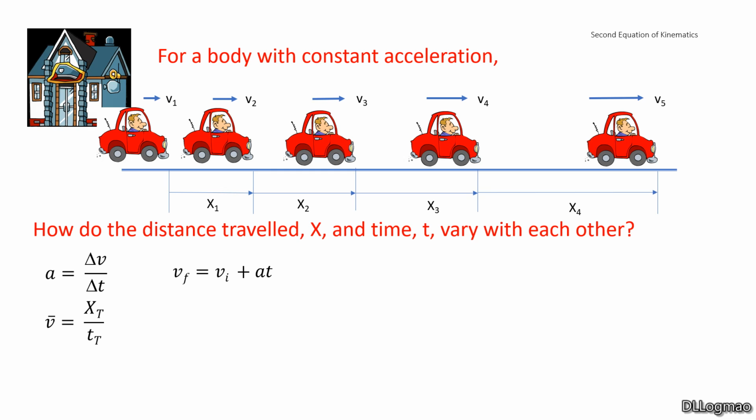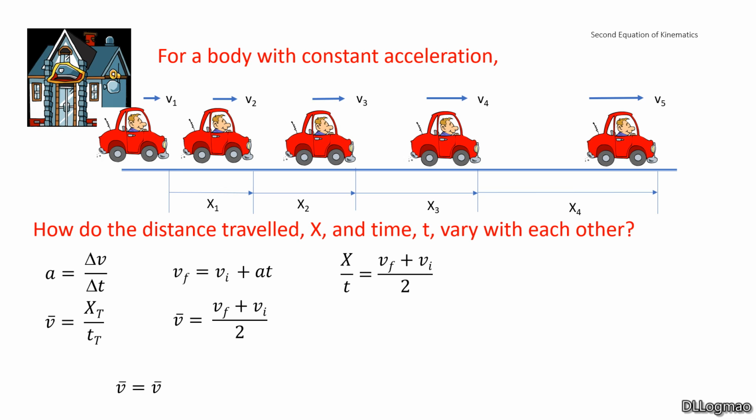From the definition of average velocity, v bar is equal to x sub t divided by t sub t, and average velocity is the sum of the final velocity and the initial velocity divided by 2. Average velocity is equal to average velocity. This is the identity equation.